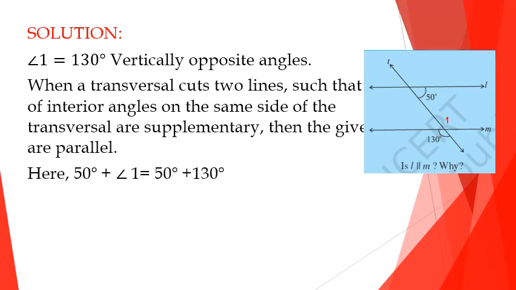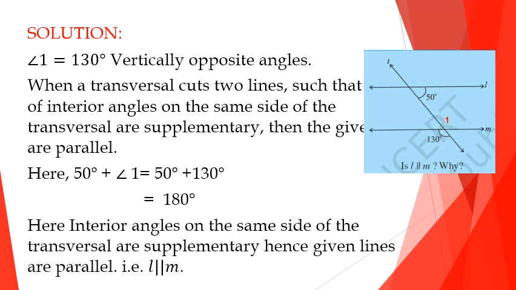That is, 50 degrees plus angle 1 equals 50 plus 130. We found angle 1 equal to 130. Substituting the value, we get 180 degrees. So it satisfies our third condition for the two lines to be parallel. So we can say that l is parallel to m because the interior angles on the same side of the transversal are supplementary. Hence the given lines are parallel.